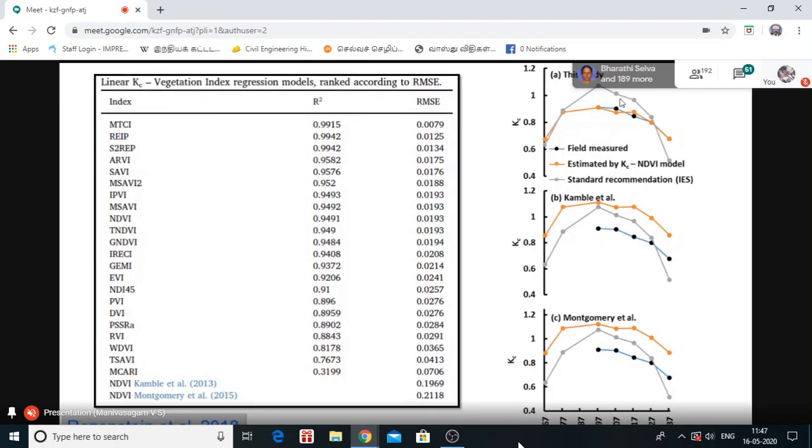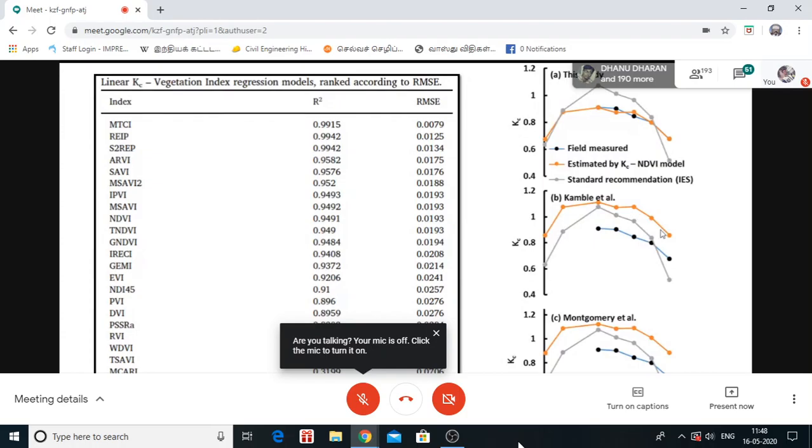These two points are very clear from this, and we also compared our results with other empirical models developed in different parts of the world. We came to the conclusion that we need to develop region specific models, because models developed in other regions by different researchers gave higher irrigation recommendations compared to our model.